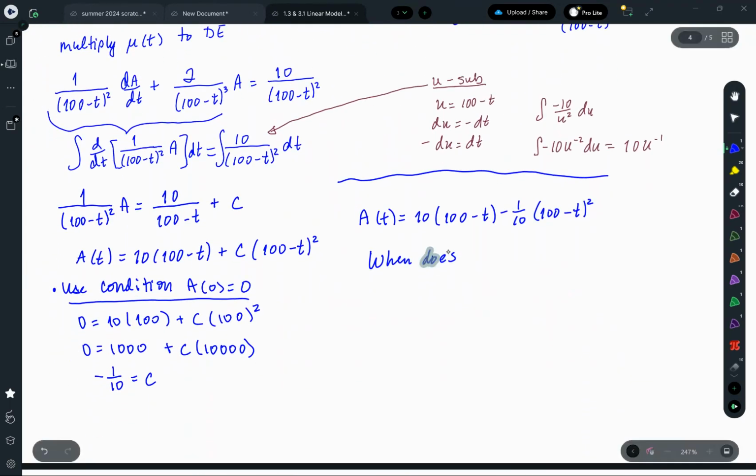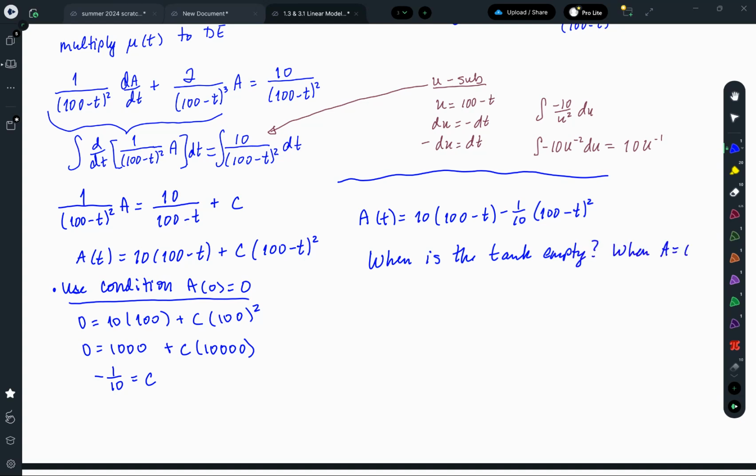So when is the tank empty? When a equals 0. And we have no more salt left, okay? So that means we have to set this problem 10 times 100 minus t minus 1/10 times 100 minus t all squared.